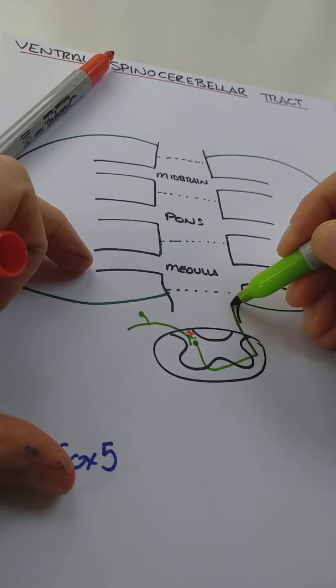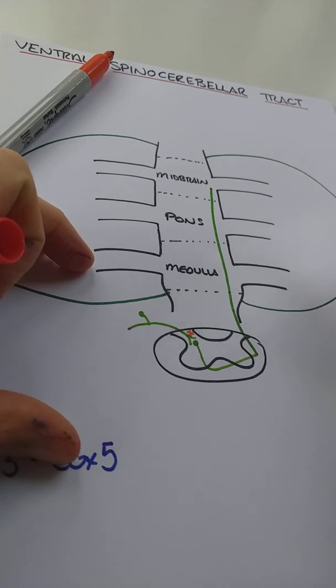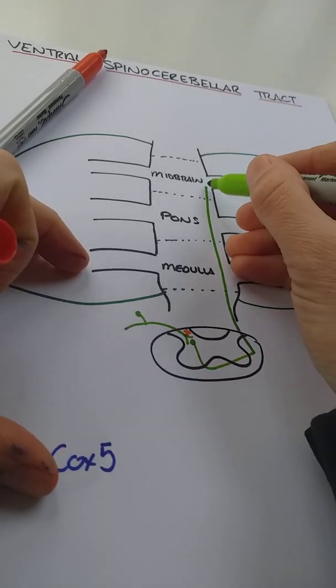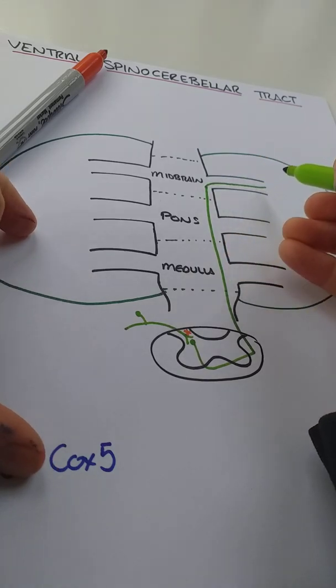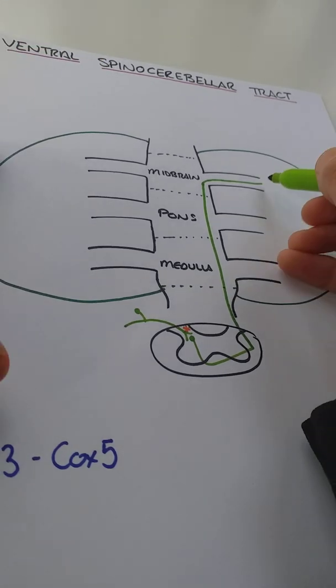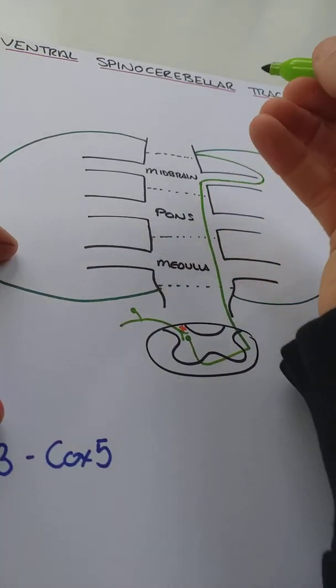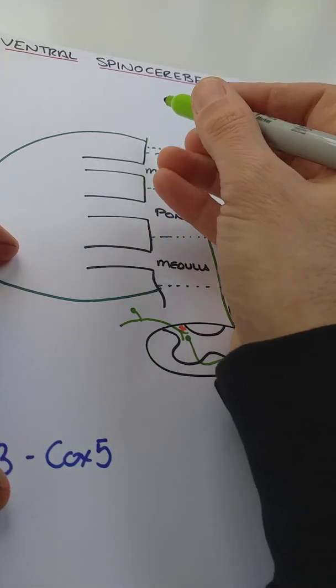So this is heading towards the midbrain. It shimmies up towards the midbrain, and then it does something really cheeky. It goes to your superior cerebellar peduncle, comes out, and then this is the cheeky bit. It goes around the back of the cerebellum. Little cheeky monkey.